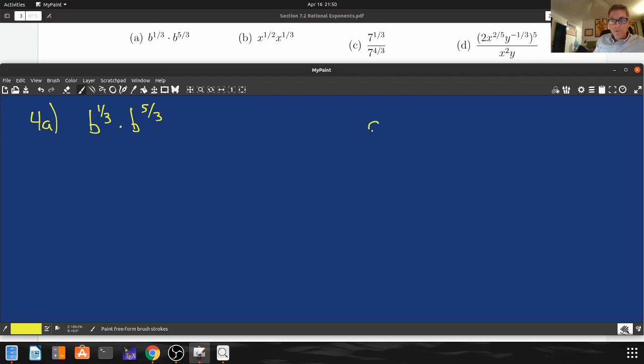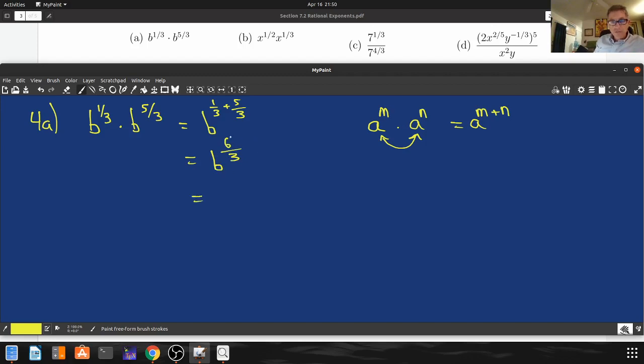We have a rule for exponents that says a to the mth power times a to the nth power, as long as my bases are the same, is a raised to the m plus n. So my bases here are the same. So this is b raised to the 1/3 plus 5/3 power. Well, that's just simply b raised to the 6/3 power.